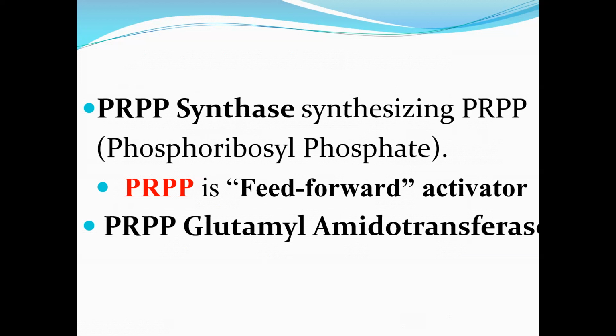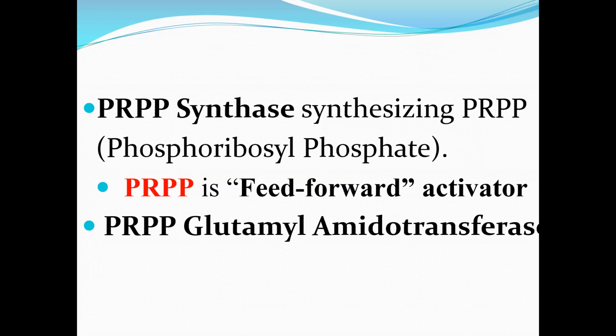PRPP is a feed forward activator. We have learned about feedback inhibition, but this is something new. Feed forward means if PRPP is synthesized, it will activate the enzyme more rather than inhibit it.